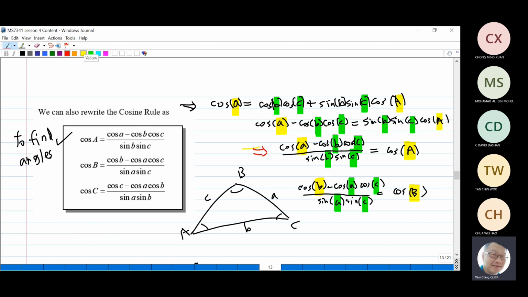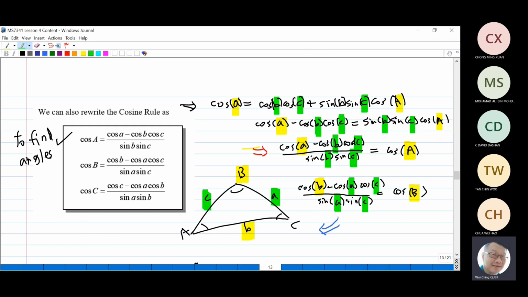So if I want to do the second one, you want to find cosine B here. It can be yellow, then A and C are the green ones.